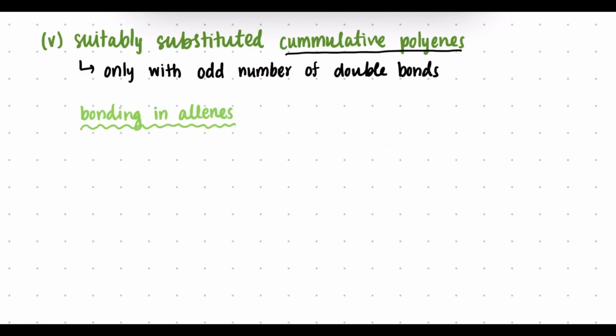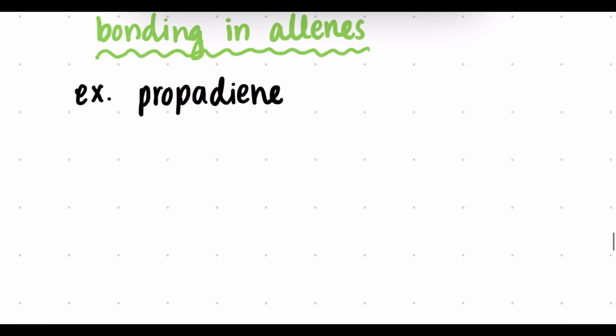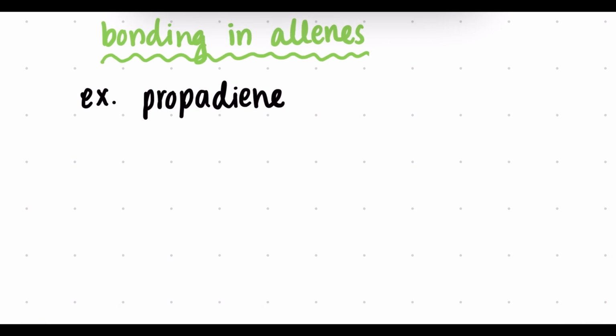So let's first start off with an example. Let's go with an example, and that's going to be propadiene. Okay, so why don't you try drawing the structure for this compound, propadiene. So prop means 3 carbons, and ene means that there's a double bond.